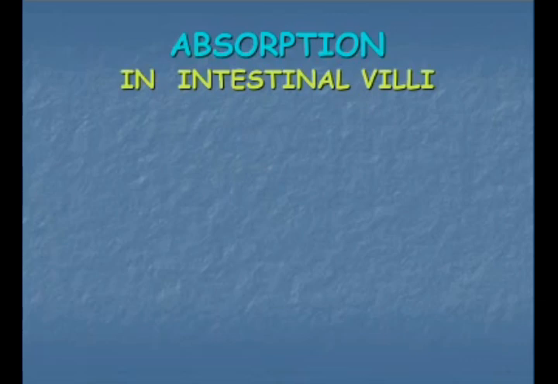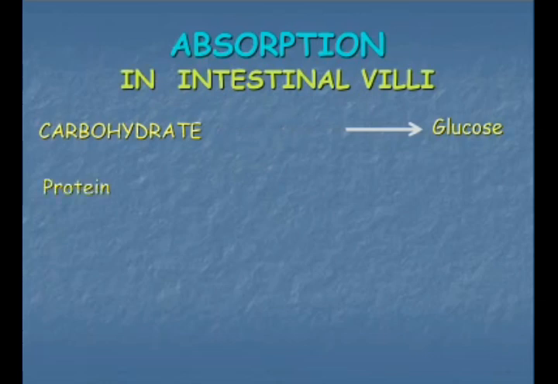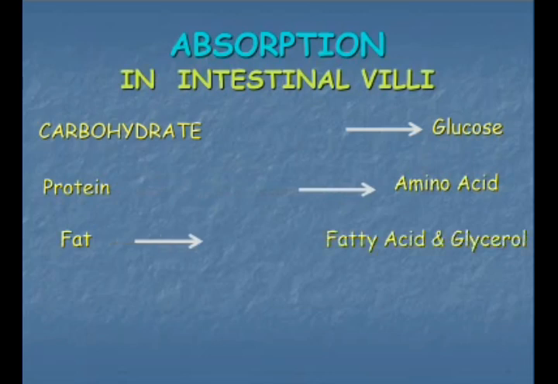Friends, we have seen the complex food like carbohydrate is converted into simple food, which is glucose, with the help of carbohydrate splitting enzyme, and protein is converted into amino acid by proteolytic enzyme, and fat is converted into fatty acid and glycerol with lipolytic enzyme.